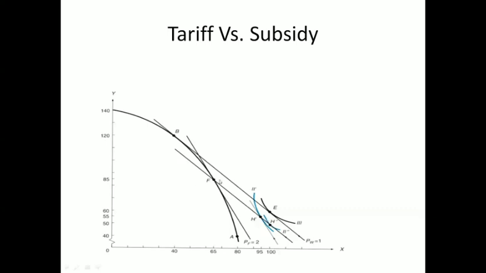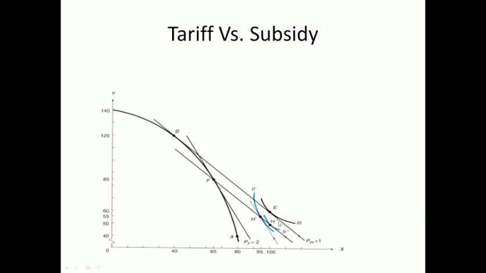It means that instead of following this path from B to F with an import tariff, if the country would be giving export subsidies to the X industry, then the X industry would be producing more. And in that case, the exchange rate or the international prices would remain the same.